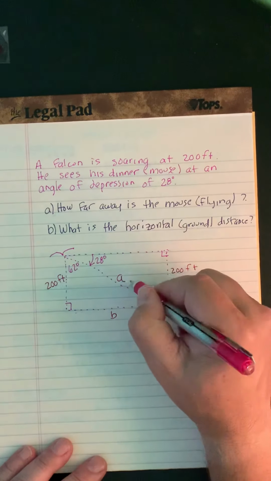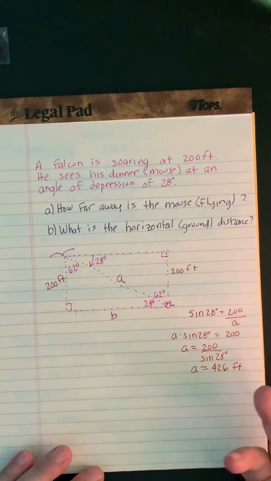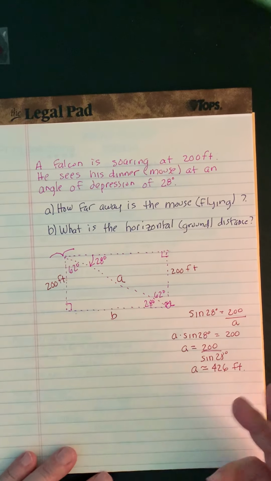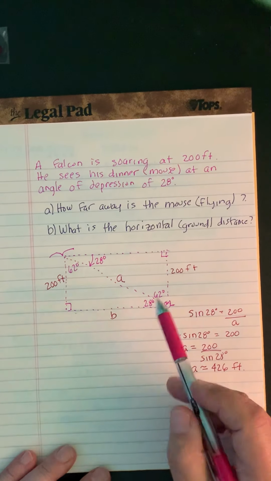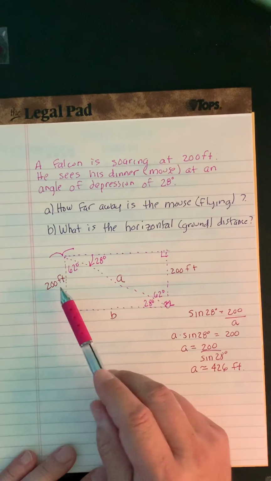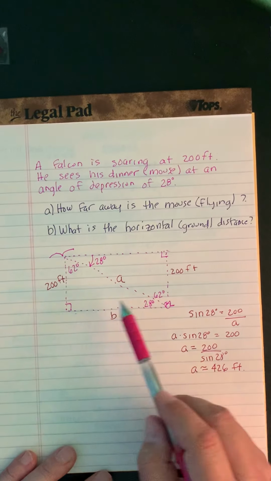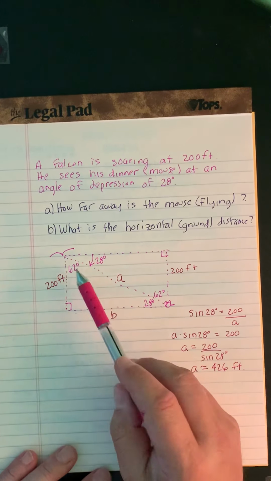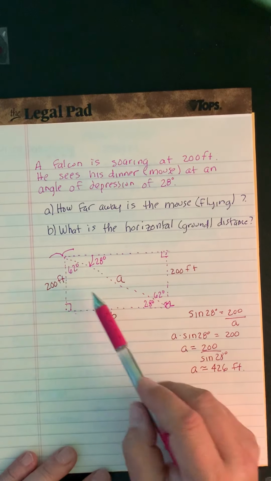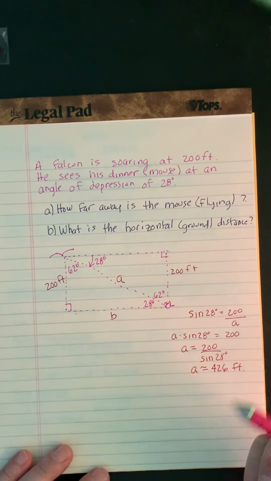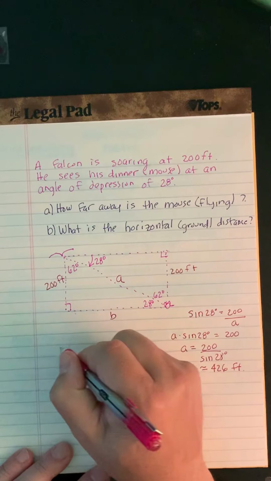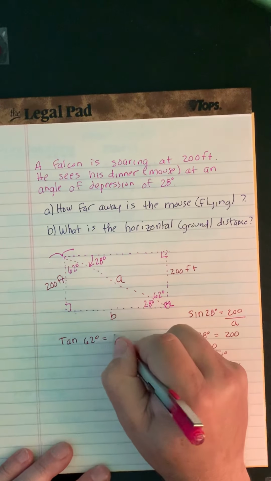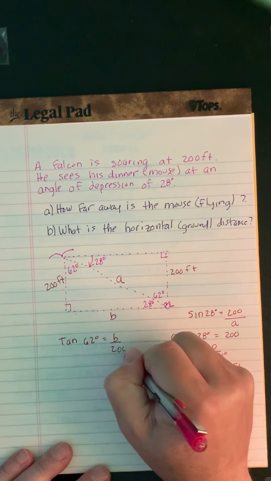So we know this is roughly 426. Now I don't want to use 426 in my next one because you don't want to round and then use a rounded number. So if I look at this, 28, I have opposite over hypotenuse, or sorry, my bad, opposite over adjacent, which is tangent. But if I do this one, opposite over adjacent, then the 200 is on the bottom, and that makes it a little bit easier. So I'm going to go the tangent of 62 equals b over 200.